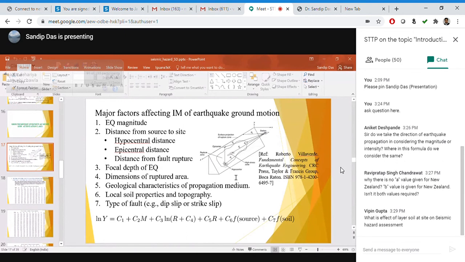But still we do it, because sometimes we borrow the seismic attenuation model and other things from other regions, applying some judgment. You can say that it is applicable for this region, and you have such multiple possibilities, so you use your logic tree approach, right? But a and b values you have to find out for your region. That is not a problem, because usually in India you find some earthquakes everywhere in our catalog data, always a good number.